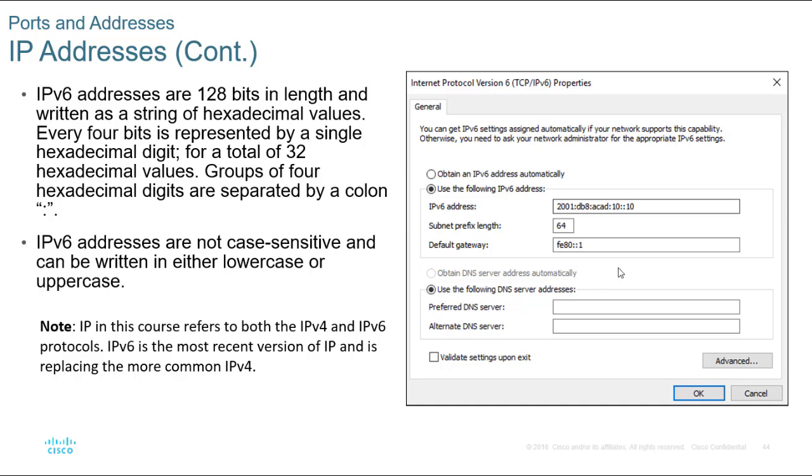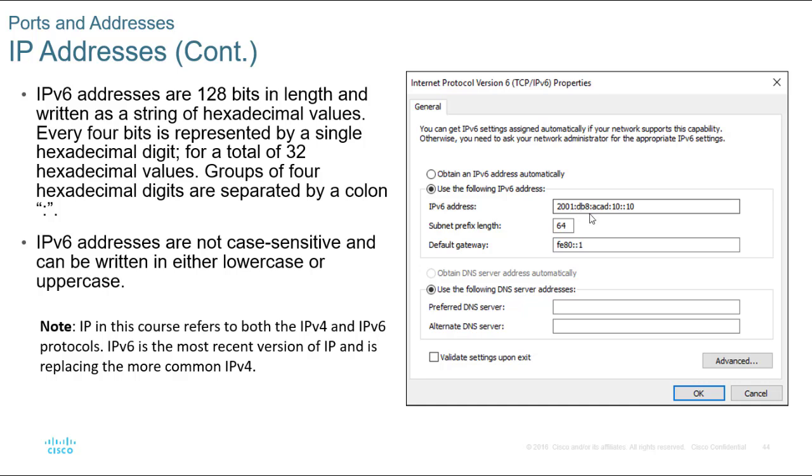As compared to the decimal values in IP4 addresses, IP6 addressing uses hexadecimal values and are 128 bits in length. And each of these hexadecimal values represents 4 bits. For example, this 2 represents 4 bits, this 0, and so on and so forth.